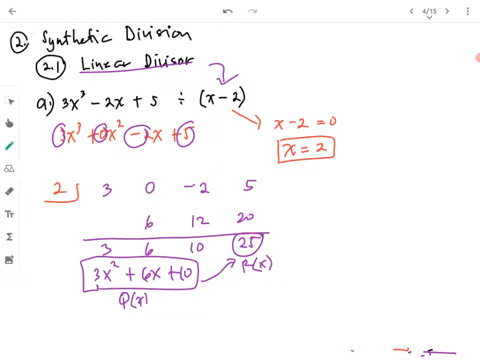If we write this, we will have 3x squared plus 6x plus 10. The sign of the 25 is positive, so plus 25 all over the divisor x minus 2.